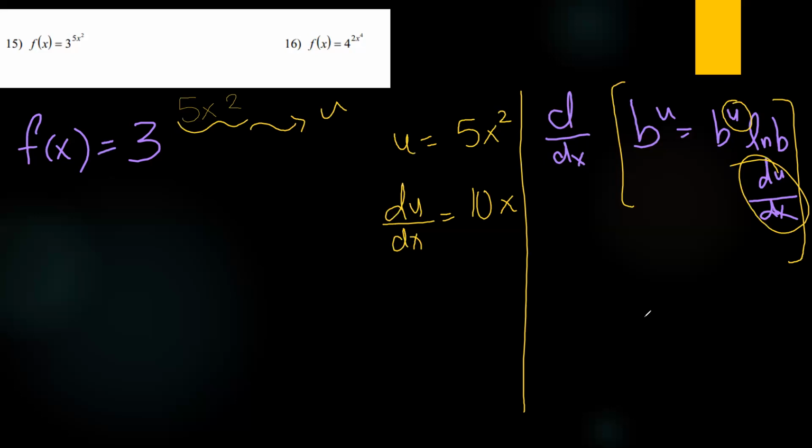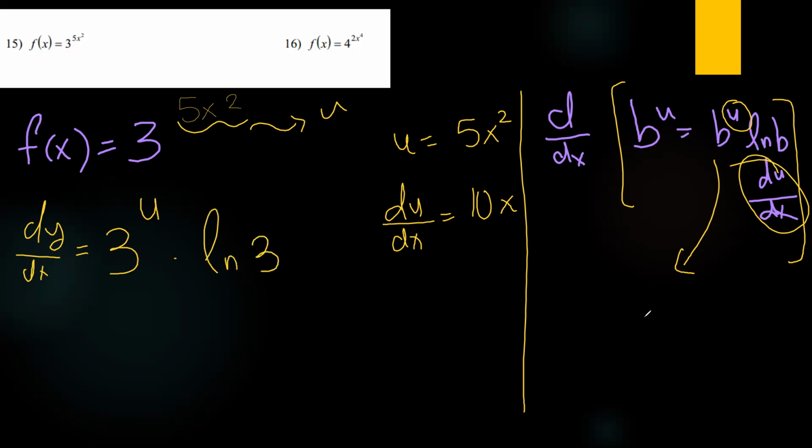Then let's come back here. So dy over dx will be b to the power u, that is 3 to the power u, times ln b, which is ln 3, times du over dx, which is 10x.